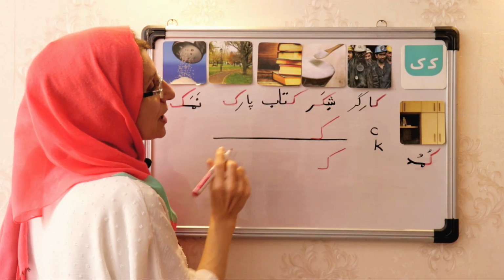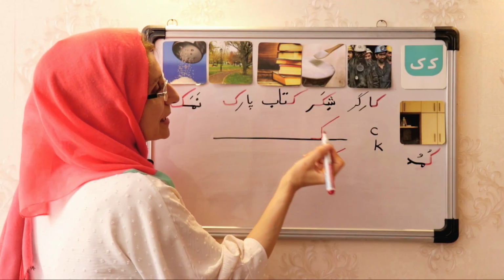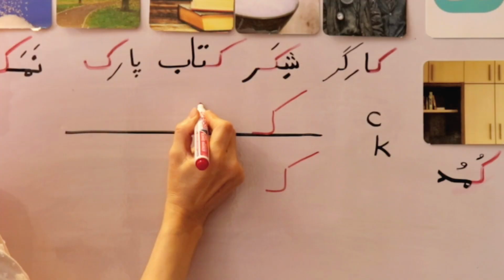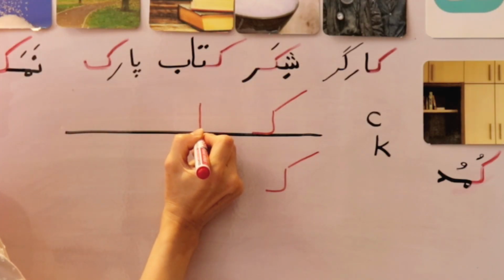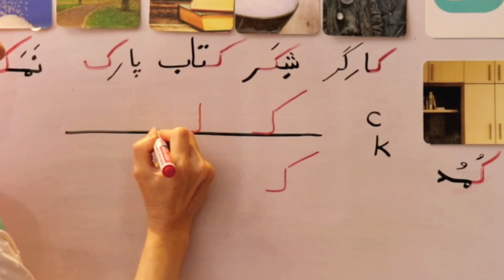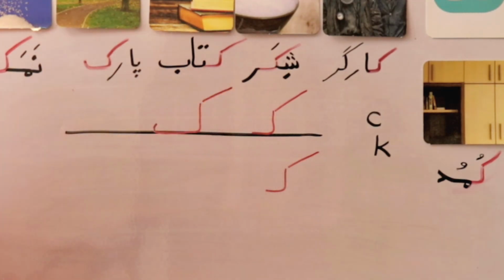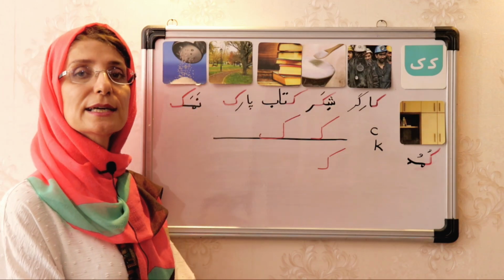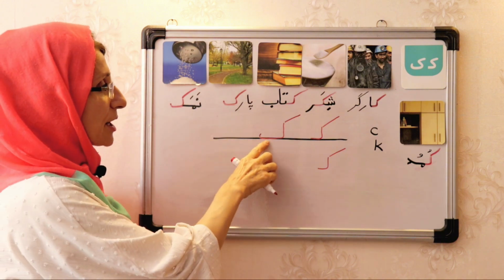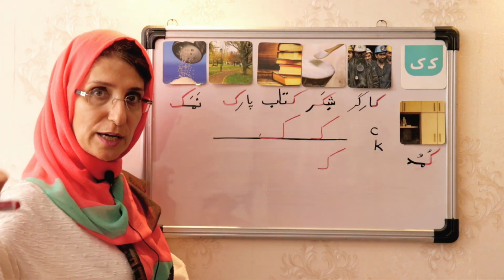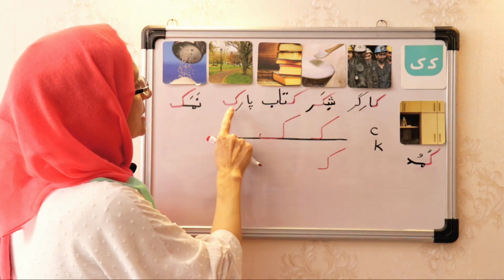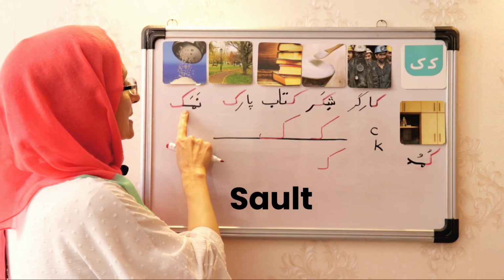K آخر, K at the end of the word. You see, again up to bottom and on the line, and this line. K آخر comes at the end of the word. Sometimes it takes the hand of the previous sound, like namak.